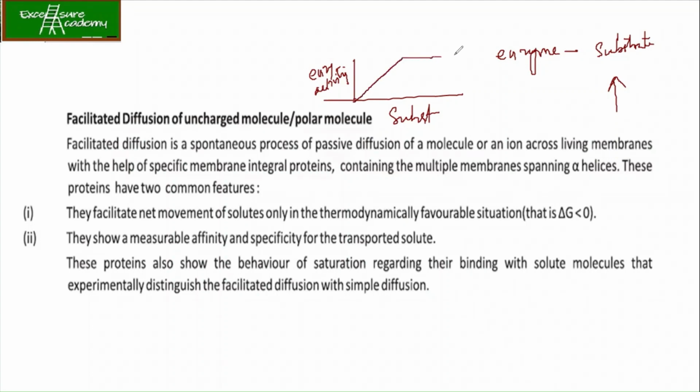And after a time, it becomes saturated. Now, why? Because the substrate concentration is increasing, right? The enzyme is fixed. So जब तक आपके free enzyme से they got bound to the substrate, so there was increase in the activity. Now, after some time, what will happen? Even if you increase the concentration of the substrate, the amount of enzyme is going to remain same.